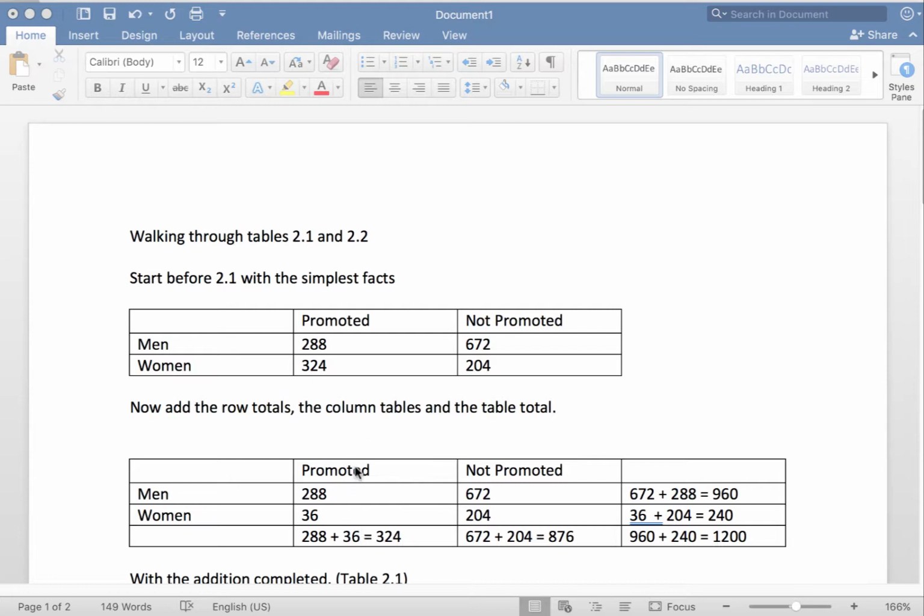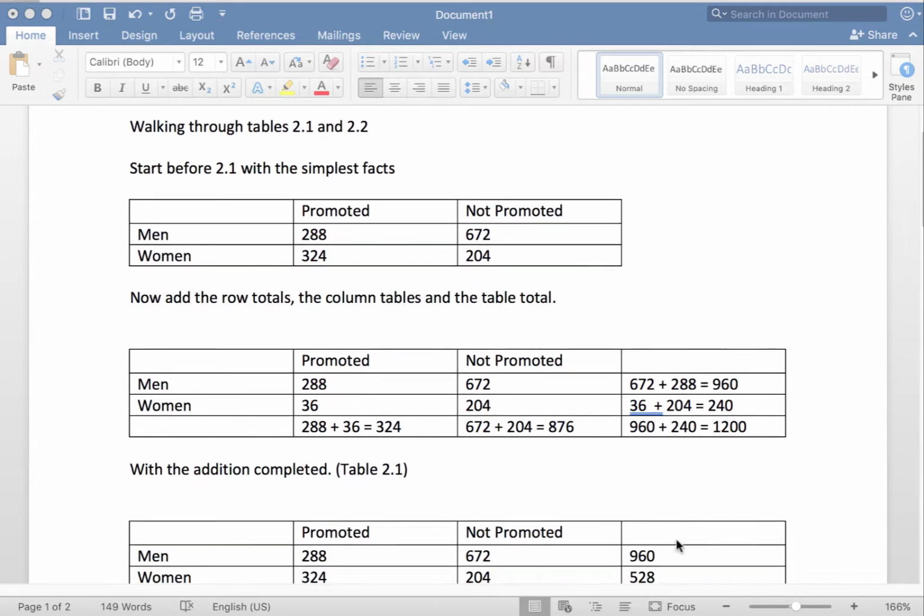To get the total of promoted people, you add the men who were promoted and the women who were promoted, and the not promoted people, you add the men who were not promoted and the women who were not promoted. And then to get the total men, you add the men who were promoted and the men who were not promoted, and so on, and then finally add up the entire table, and you've got 1,200 people.